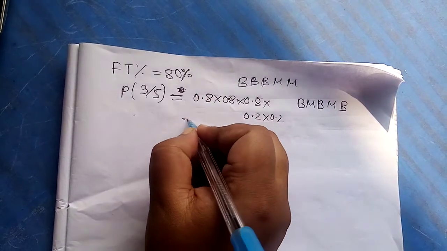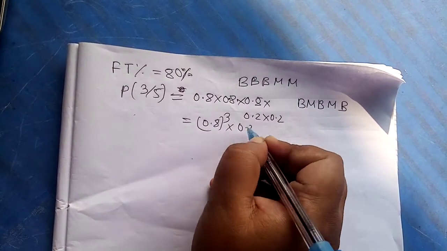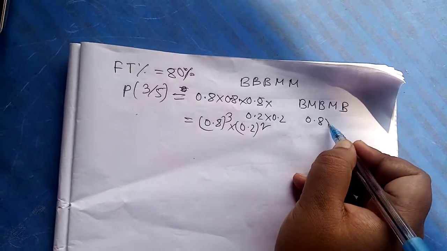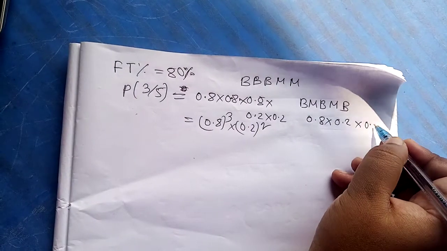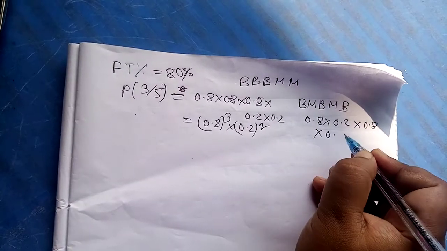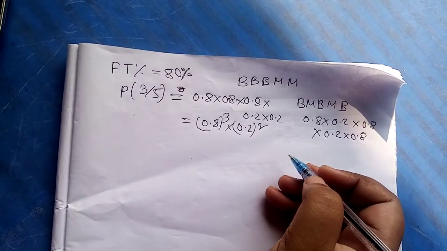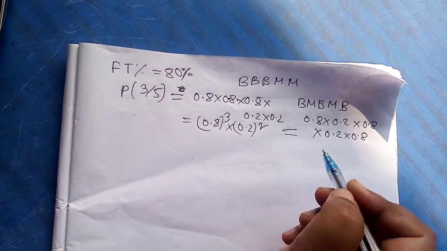But what's the probability of getting this exact combination? Well, it's 0.8 times, and then I miss. There's a 20% chance of that. So times 0.2 times 0.8 times 0.2 times 0.8, right? We could rearrange this, because when you multiply numbers, it doesn't matter what order you multiply them in. So this is the same thing as 0.8 times 0.8 times 0.8 times 0.2 times 0.2.